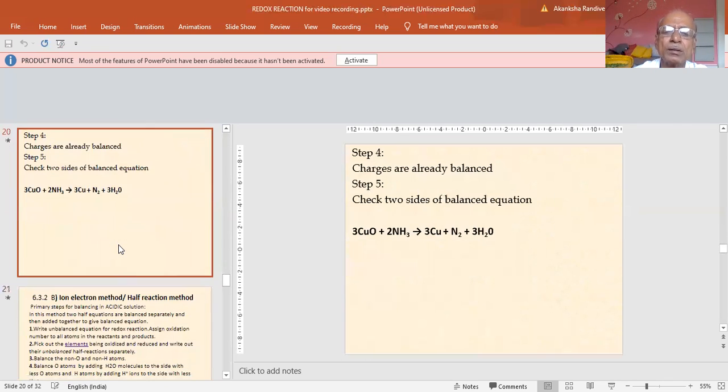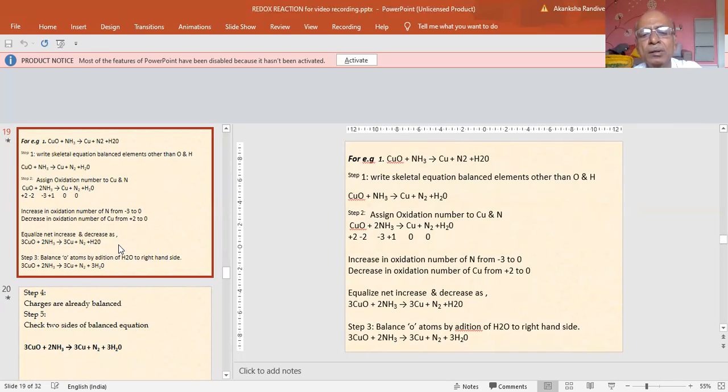Now, this step third. जी आताची जी स्टेप आहे सेकंड स्टेप, त्यामध्ये कॉपर बॅलन्स झाले, नायट्रोजन बॅलन्स झाले, परंतु हायड्रोजन आणि ऑक्सिजन बॅलन्स झालेले नाही, तर ते आता बॅलन्स करायचे. सो इन स्टेप थर्ड, balance oxygen atoms by adding H2O to right side.